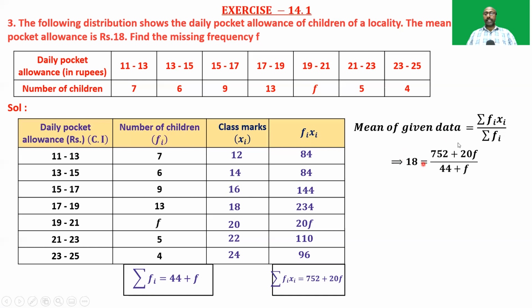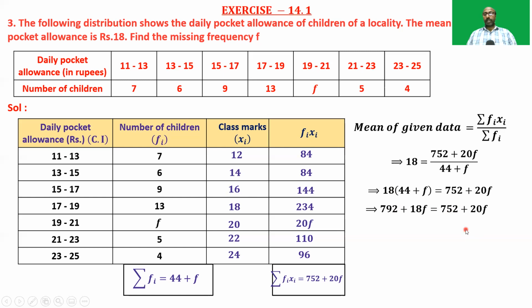So this implies 18 is equal to 752 plus 20F by 44 plus F. By solving this equation, we get the value of F. By cross multiplication, 18 into 44 plus F is equal to 752 plus 20F. From this we can write 18 into 44 is 792 plus 18F, and the RHS is the same.